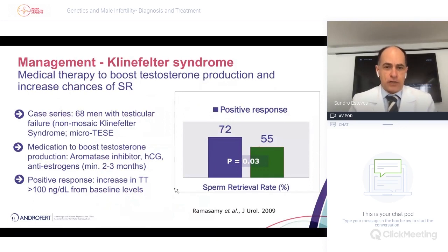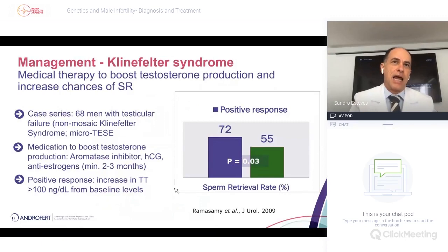I like to prime these patients with medication for at least 2 to 3 months before I go for sperm retrieval, because it has been shown that the sperm retrieval success rate will be increased in patients who respond to medical therapy, especially when the increase in total testosterone is more than 100 nanograms per deciliter from baseline.